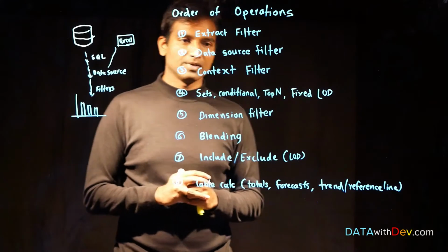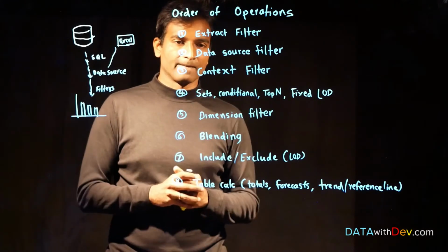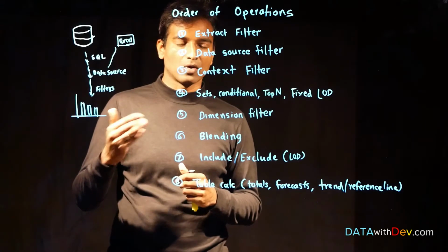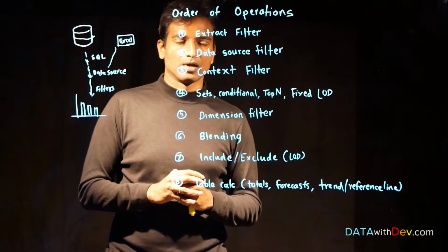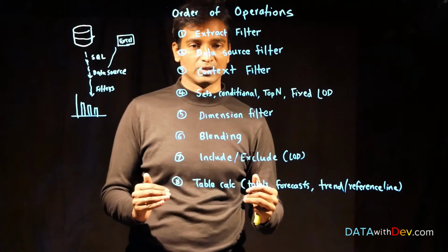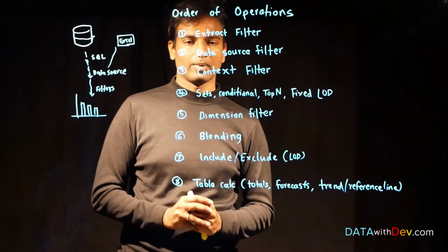The next step is what is called a context. Again, any filter in Tableau you can add as a context filter. Any quick filter you can easily convert into a context filter. All you're doing with that is pushing down where the filtering happens in the processing pipeline.